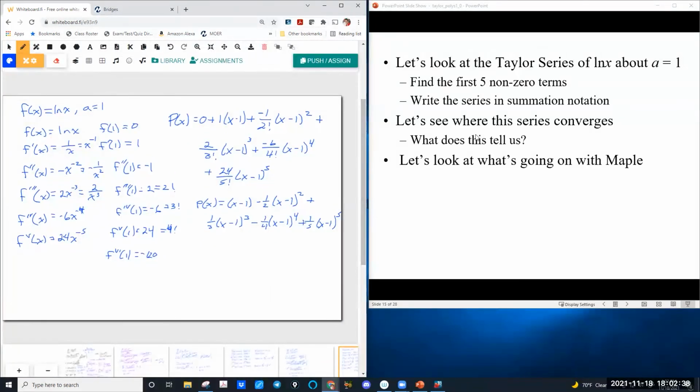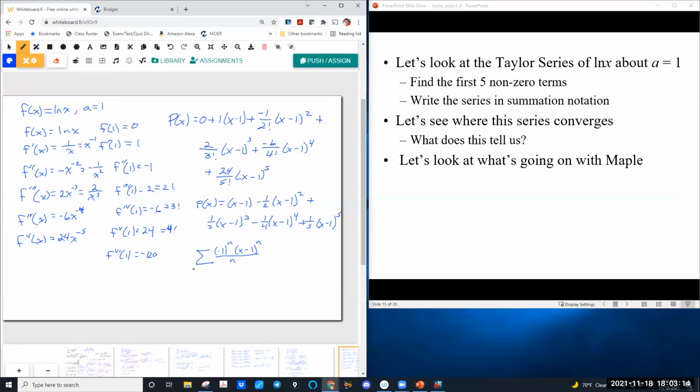Next thing we want to do is figure out where this series converges. Well, to do that, we have to write it up in summation notation. We have a very obvious pattern going on here, so we want to write this up in general summation notation. We see that it's alternating, so we're going to have a -1 either to the n or n plus 1. We'll decide that in a little bit. We see that there's clearly an x minus 1 to the n, and that it's basically being divided by n.